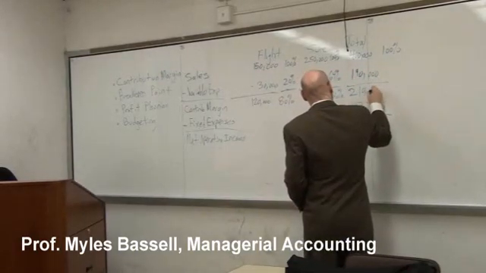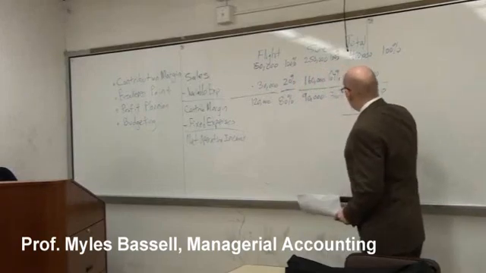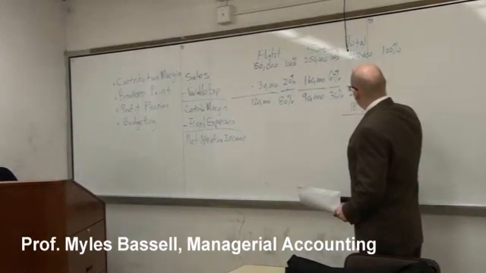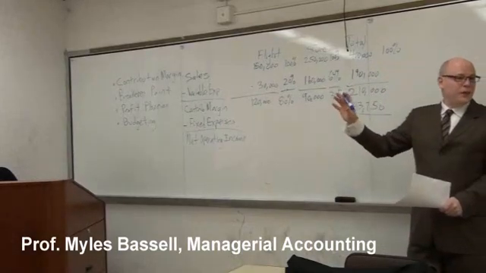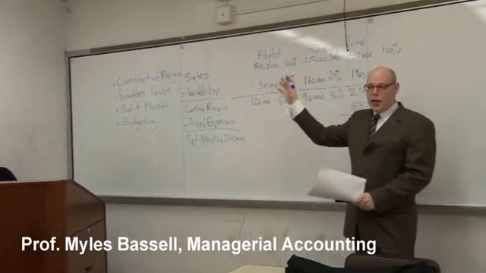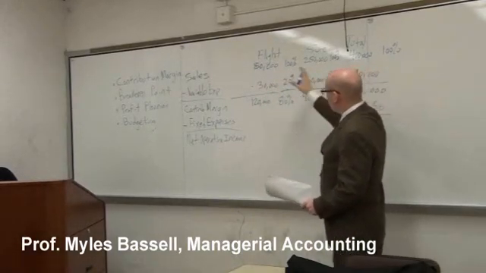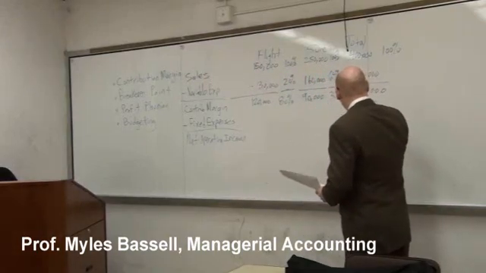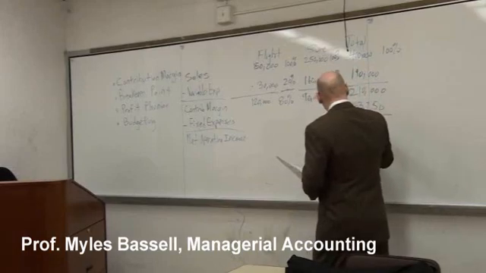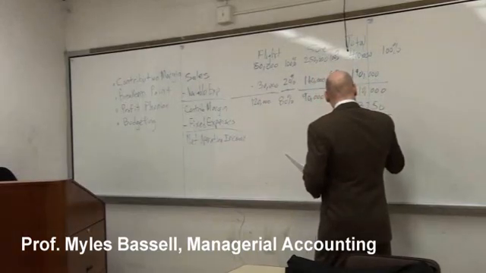So from the contribution margin of $210,000, we subtract the fixed expenses of $183,750. That's the fixed expense for the entire company, which in this case is the combination of these two product lines. And that gives us a net operating income of $26,250.